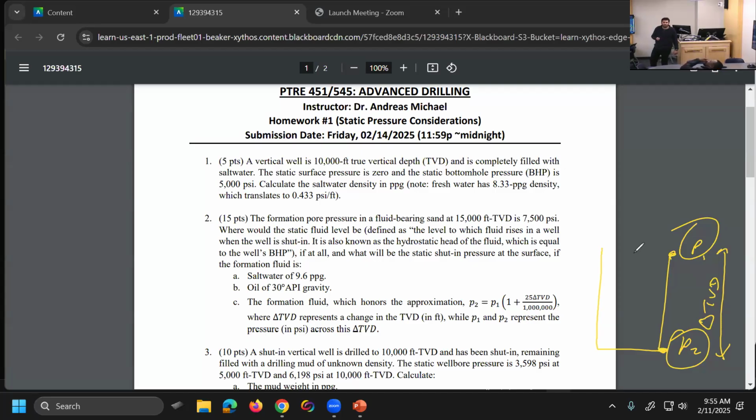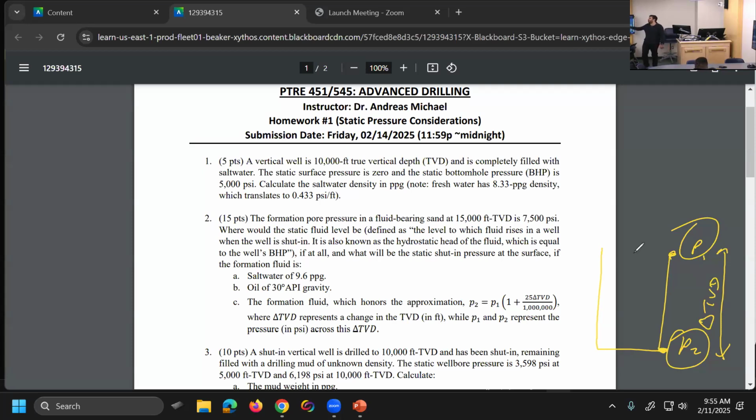Like, is it static or dynamic? No, what kind of fluid? What phase do you expect to see? Gas. Okay, gas. Where do you expect the static fluid level for a gas to be really? At the surface. Always, right?